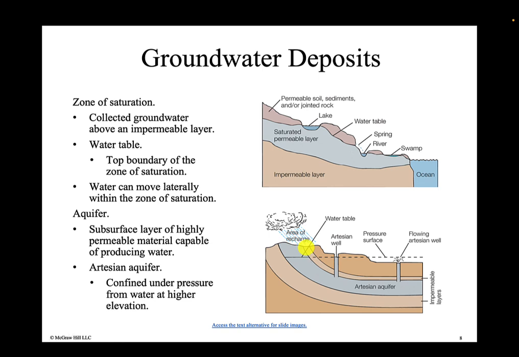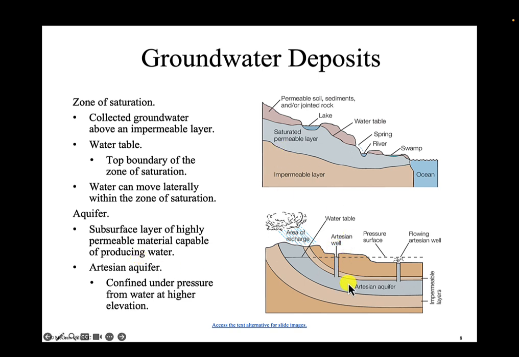The aquifer is just a place that holds a really big amount of water that can be used for human consumption. We can think of an aquifer as a place that will hold water in a usable quantity, a quantity that we can use, essentially.